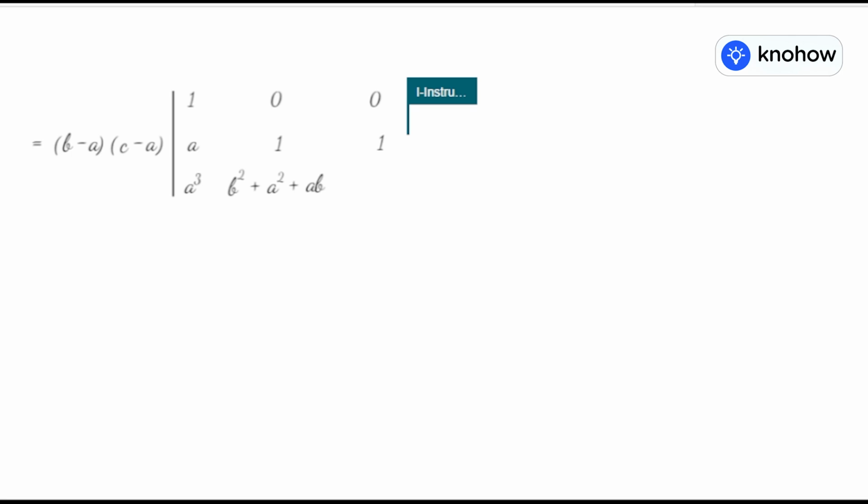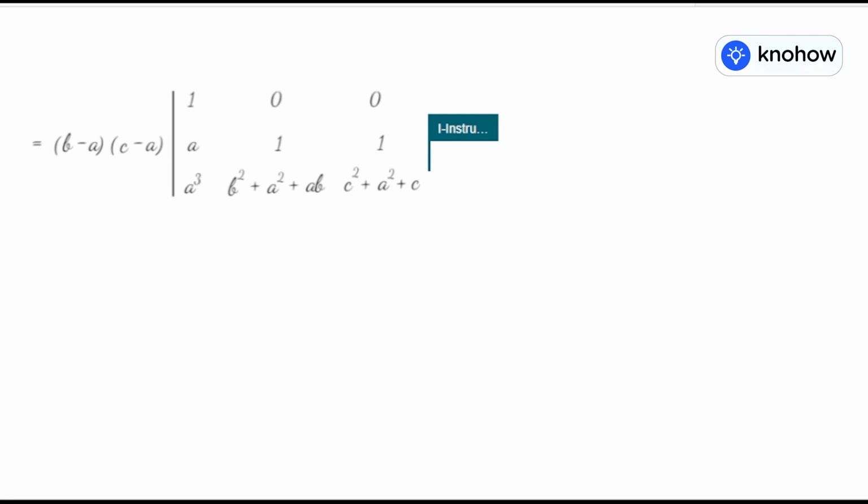So you get 0, 1, and what are the factors of C cube minus A cube? The factors of C cube minus A cube will be C minus A, you have taken common, and the other factor you are left with is C square plus A square plus CA.